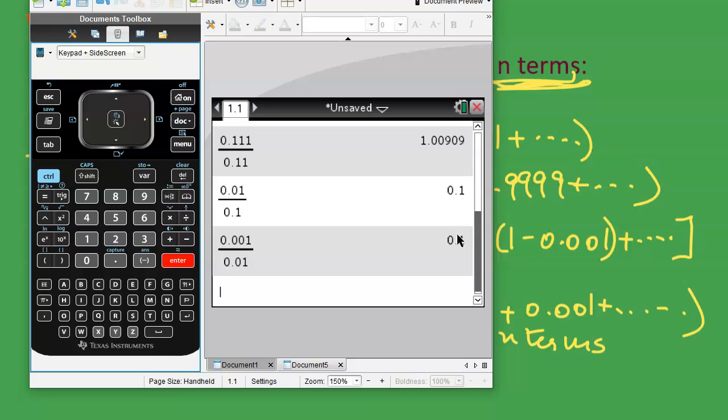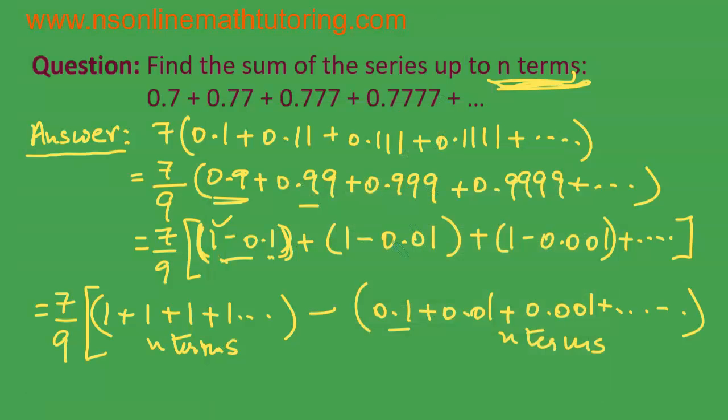Same ratio. So now it has got converted to a geometric series with the first term as 0.1 and the common ratio as 0.1. Okay? But it is not an infinite series. It is up to n terms.